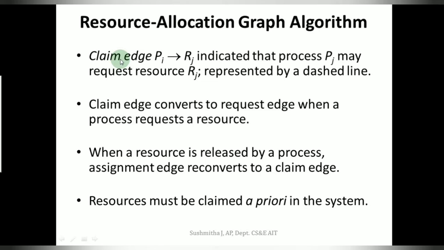Now if I say process P1 needs one hard disk and one printer, so process P1 is claiming for one hard disk and one printer. So the process P1 is not allocated with all the resources that it has claimed. Fine. Now process P1 is allocated only with the hard disk.